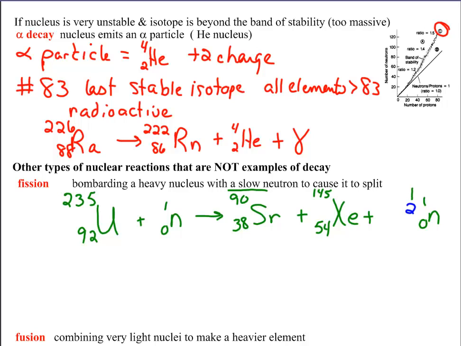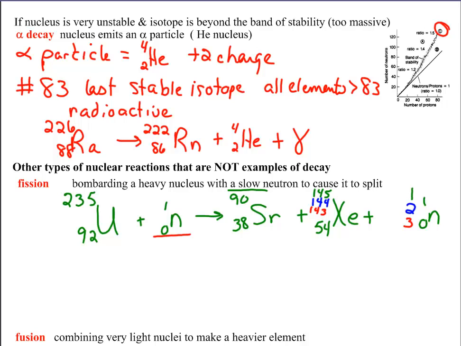If I choose 2 neutrons as a product, then the atomic mass of xenon will be 144. If I choose 3 neutrons as products, then the atomic mass of xenon will be 143. In each case, the mass of strontium plus the mass of xenon plus the mass of however many neutrons I have has to add up to 236, which is my total mass on the left-hand side.